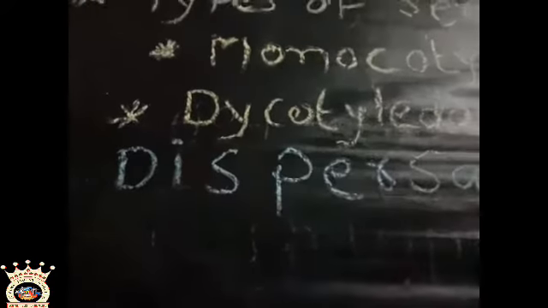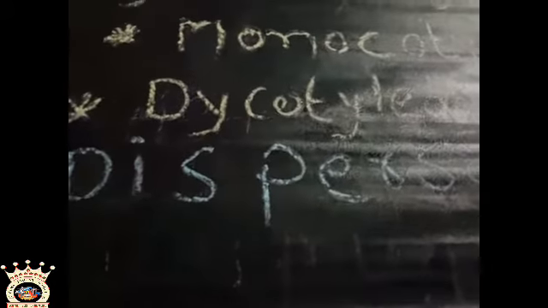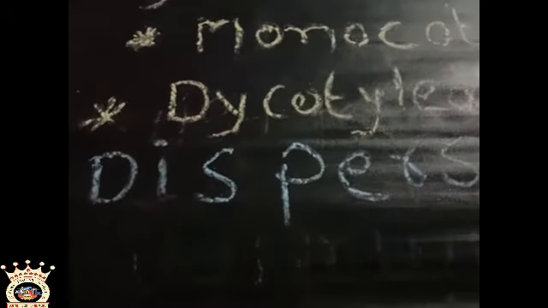Then the next topic is dispersal. You have already learned it in lower classes. What is dispersal? Distribution of the seeds away from the parent plant is called dispersal. What is the need of dispersal?